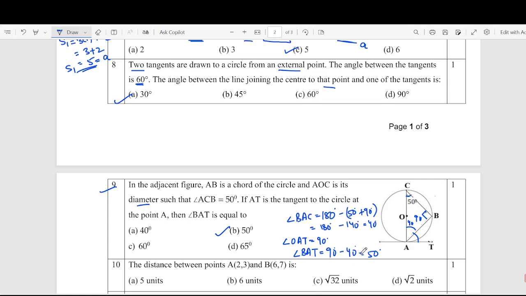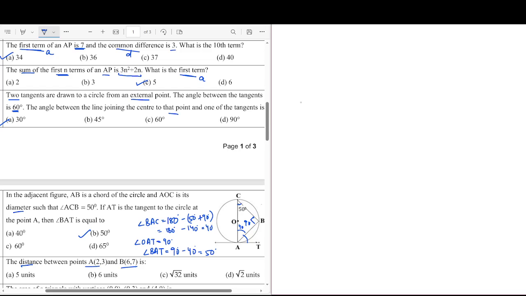Now let's see question number 10. In question number 10, they are saying that we have to find the distance between the points A, with coordinates 2, 3, and B, with coordinates 6, 7. So here two points are given. I am marking the points here. A, coordinates 2 and 3, and another point B, coordinates 6 and 7. We have to find the distance between these two.